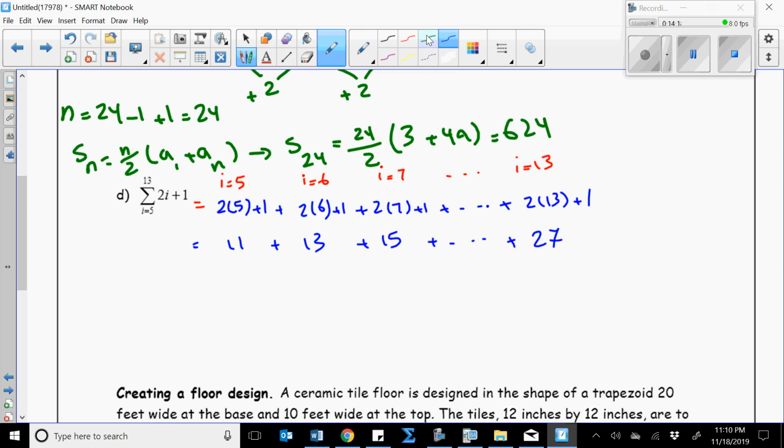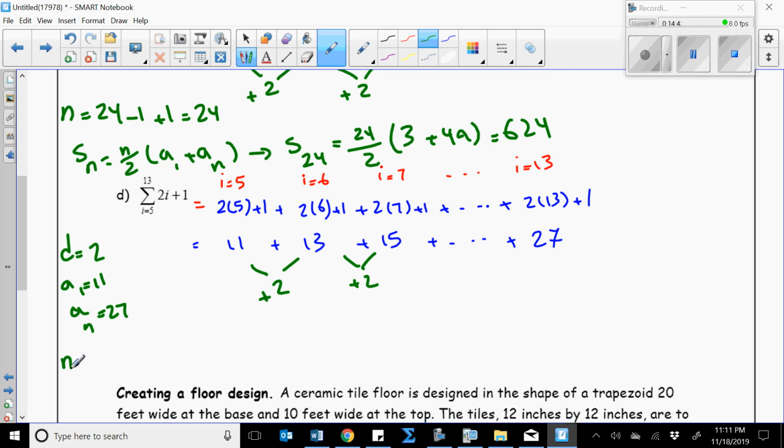So the difference between terms here again is 2. So each time we are adding 2 to the terms to get the next one. So D is 2. I have A1, which is 11. AN, the last term, which is 27.